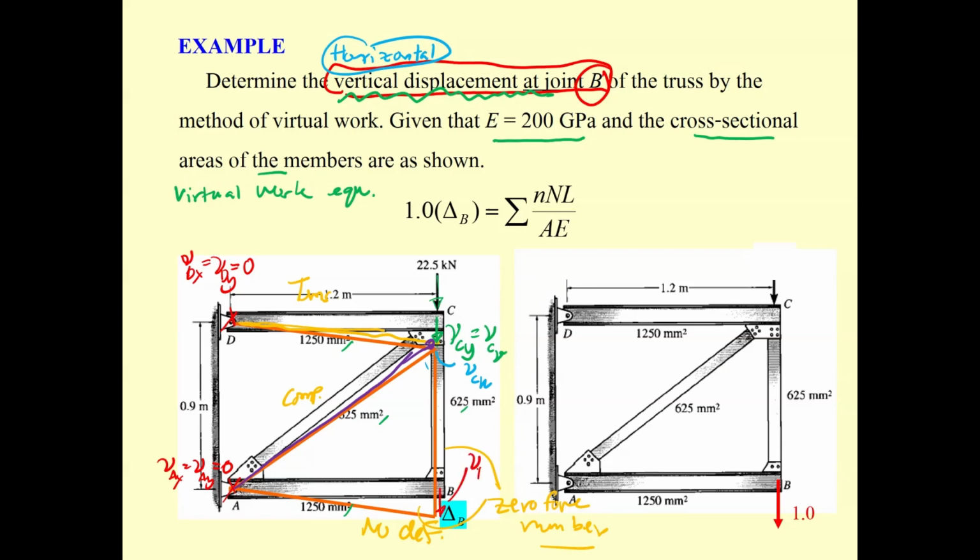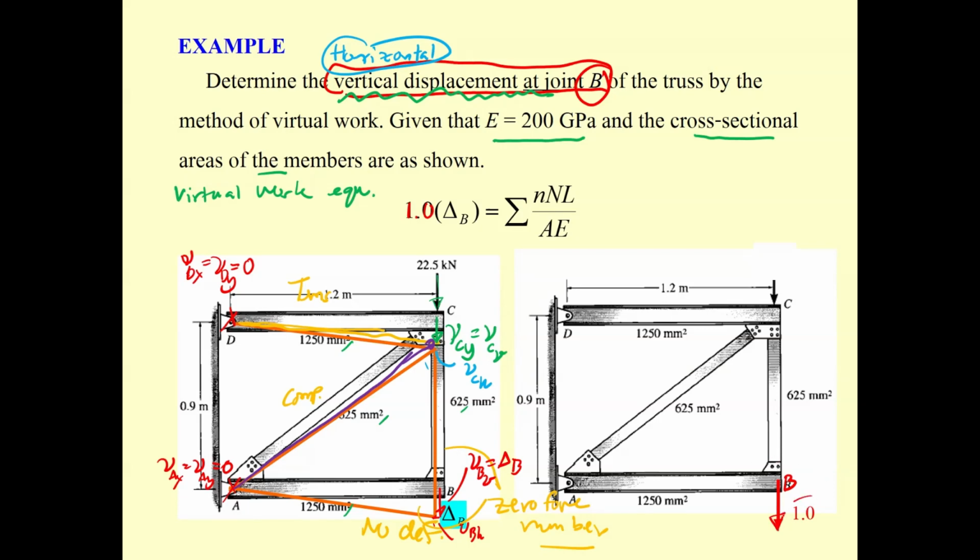This is V sub B or delta sub B, and then the horizontal is V sub B H. You put the 1.0 force at point B in the vertical direction.